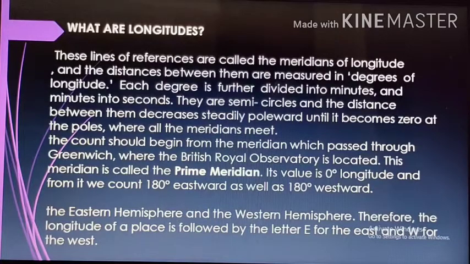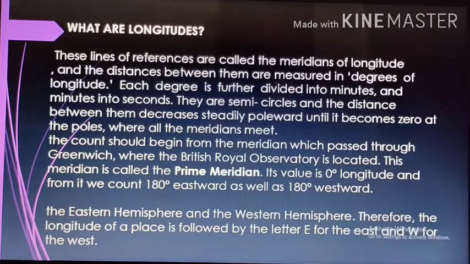Each degree is further divided into minutes and minutes into seconds. They are semicircles and the distances between them decrease steadily polewards until it becomes zero at the poles where all the meridians meet. So unlike parallels of latitude, all meridians are of equal length.